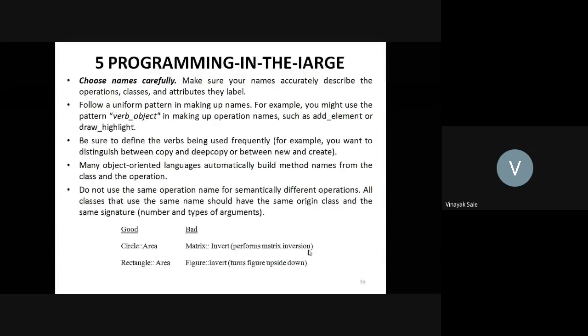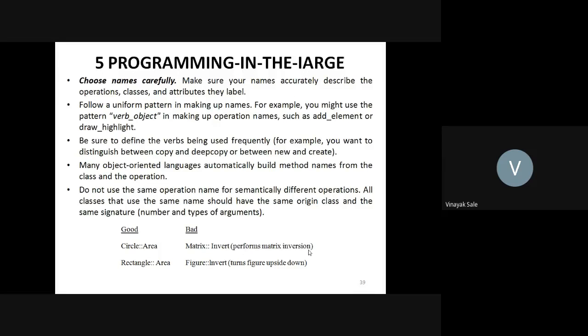For example, you might use the pattern verb underscore object in making up operation names such as add underscore element or draw underscore highlight. Be sure to define the verbs being used frequently. For example, you want to distinguish between copy and deep copy or between new and create.